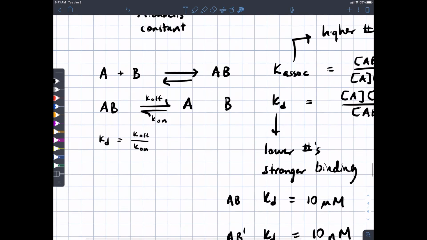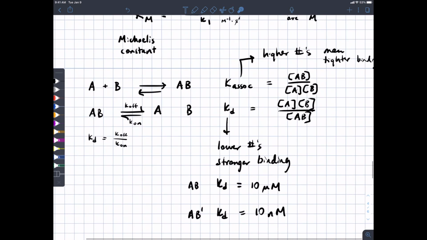So one way you can have a really good binding constant is to have a really, really slow off rate. That means when things bind together, they don't come apart very fast. The other way you can have a really great dissociation constant is if the on rate is super fast. So remember, lower Kd numbers mean stronger binding. You've got two ways to lower Kd: you can make binding faster or you can make dissociation slower.